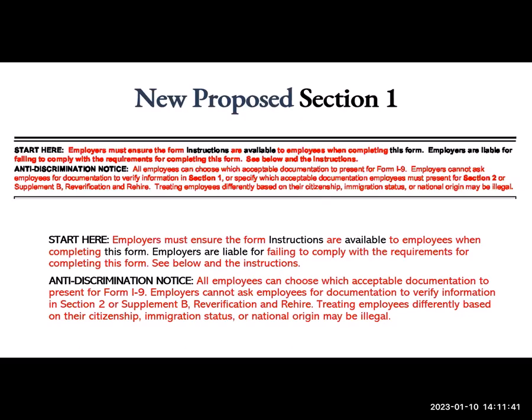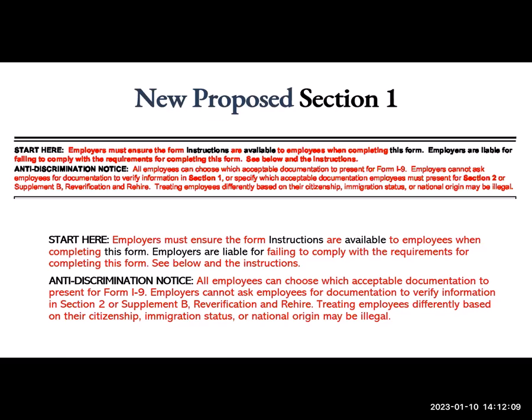This is what the new form looks like, and you're going to be seeing a lot of red because, as you probably know, the actual form has not been released. What we have is the latest version. This is the second revised version that we're looking at, and it's expected to be pretty close to what the final version is going to be.